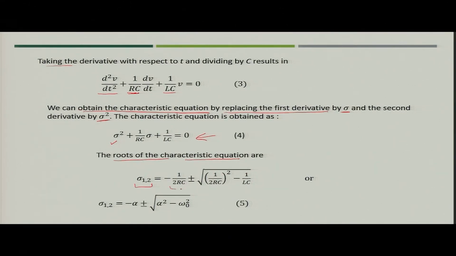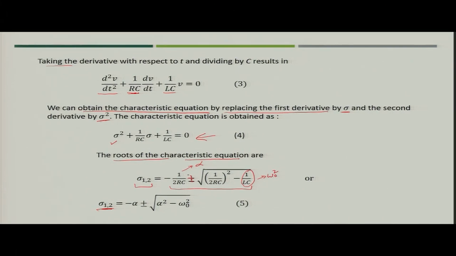So, if you see this equation, for sigma 1 you use the plus sign, and for sigma 2 you use the negative sign. So, you will get simply 2 roots. Now, let us assume that 1 upon 2RC is nothing but alpha and 1 by LC is nothing but omega naught square.